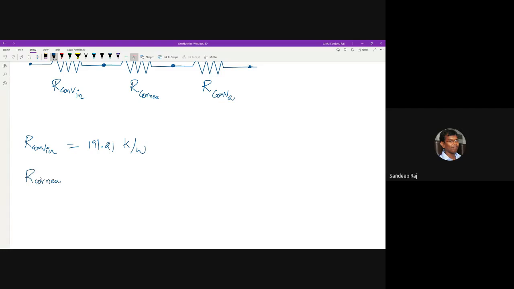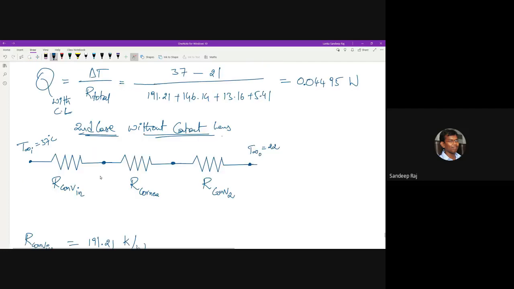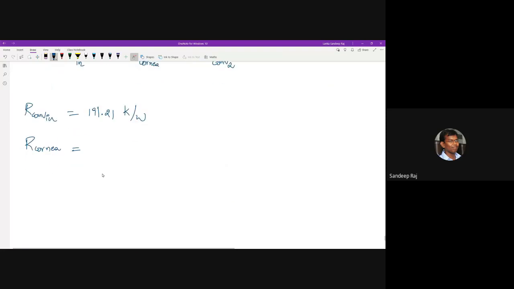And this R cornea also won't vary. It is 13.16 Kelvin per watt.